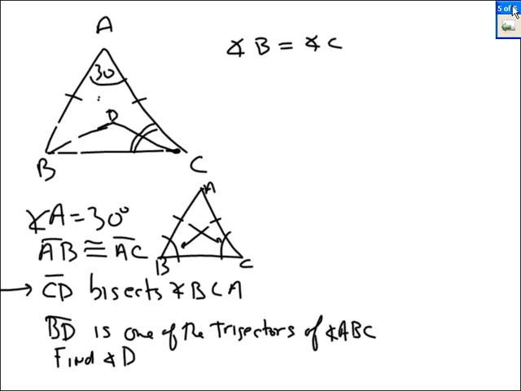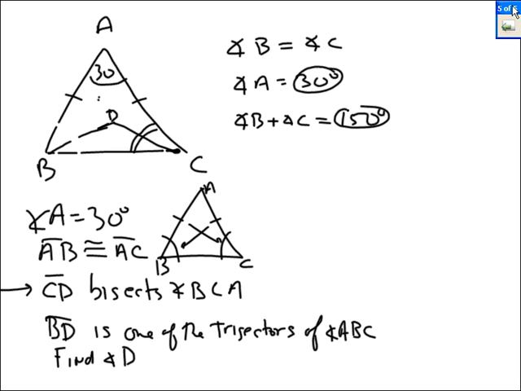Now, angle A is 30 degrees. So how much is left over for angle B and angle C? Well, the other 150 degrees. Those two numbers add up to 180. But B and C are the same. So they're each going to use half of the 150. They're each going to use 75 degrees.